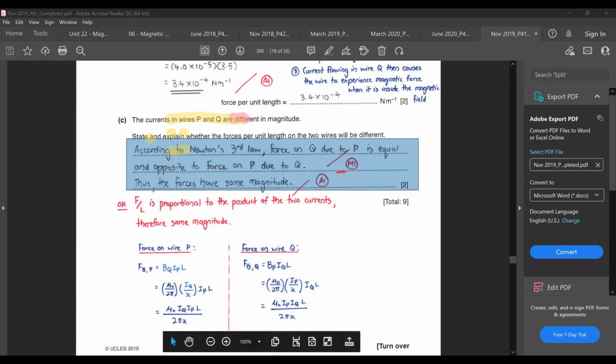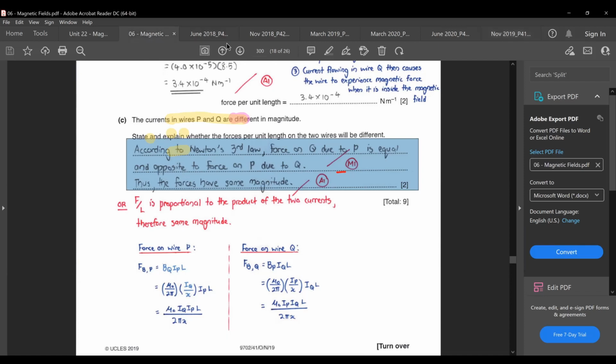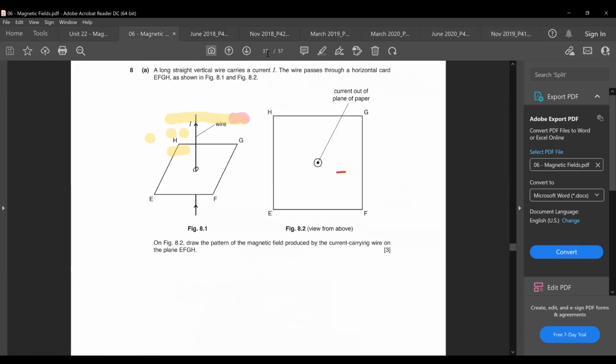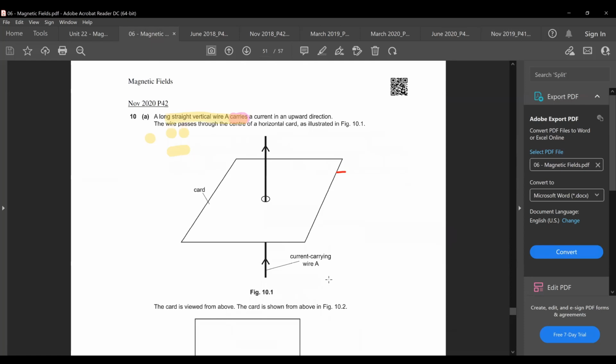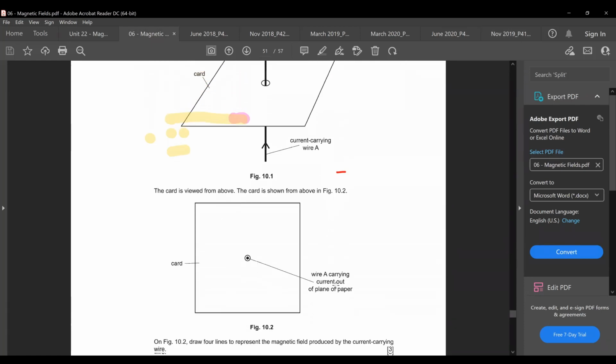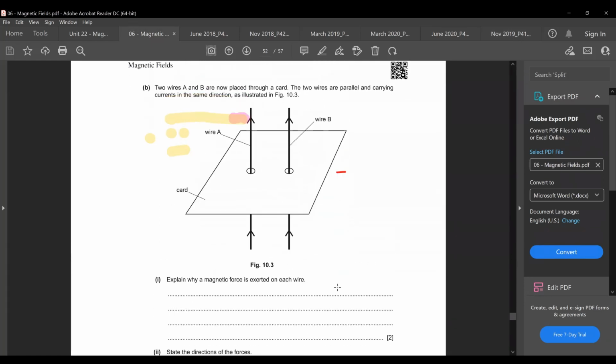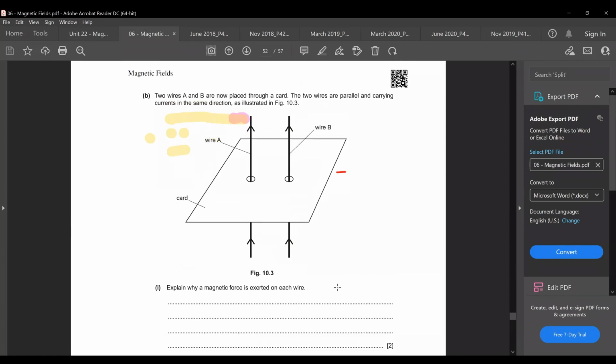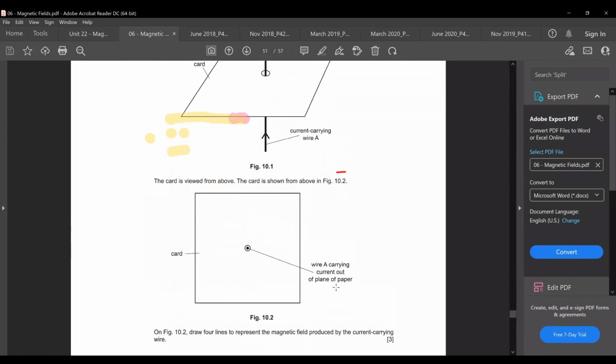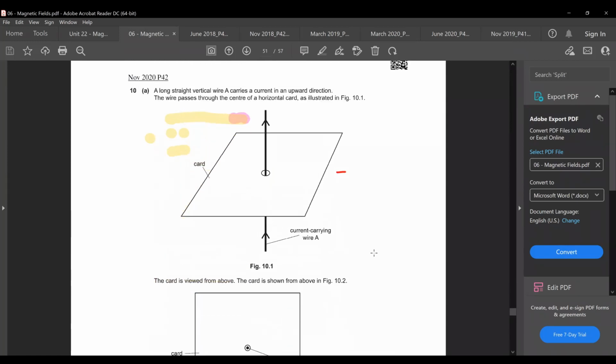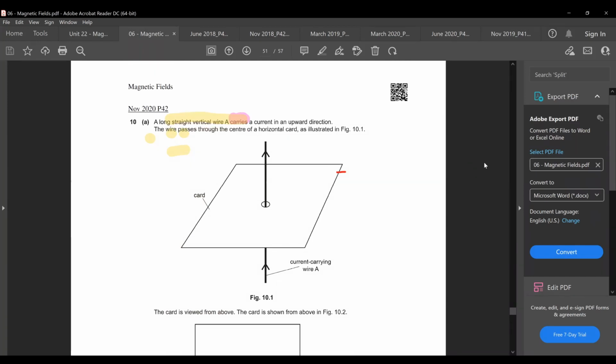Then the next one will be page 51. Basically 4 questions, 3 questions now. Okay, 51. Let's have a look at 51. Okay, so 51 is also on parallel wires. Yeah, parallel wires is a question that has been coming out quite recently.